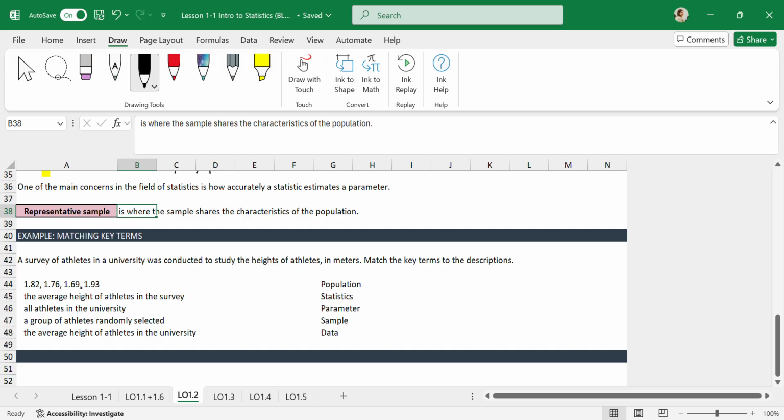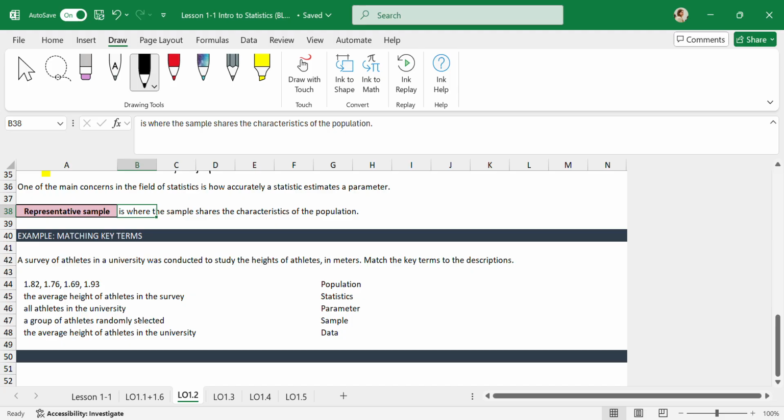The first thing we have is some numbers. Then we want to study the average height of athletes in the survey, all athletes in the university, a group of athletes that are randomly selected, and the average height of athletes in the university. So we need to match these with what they actually go with.